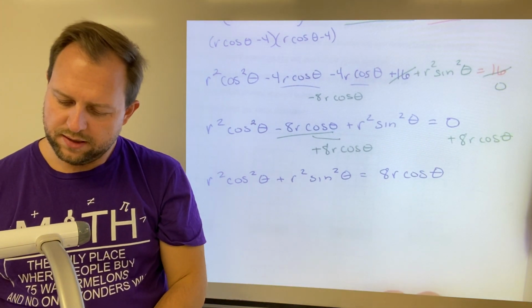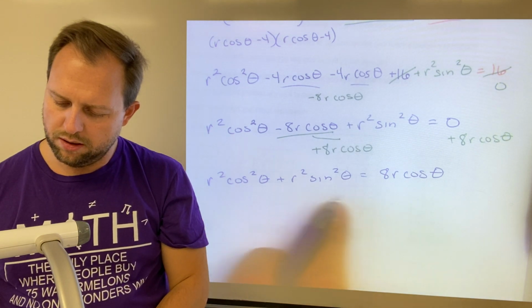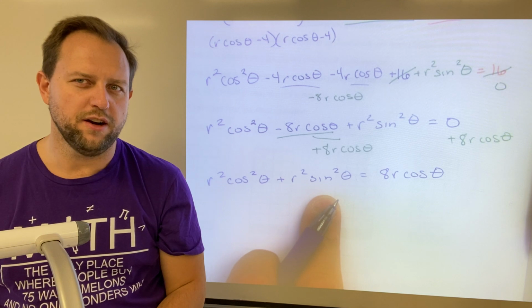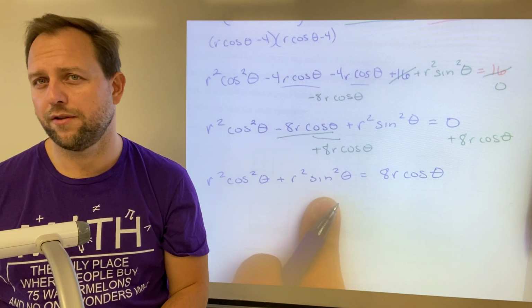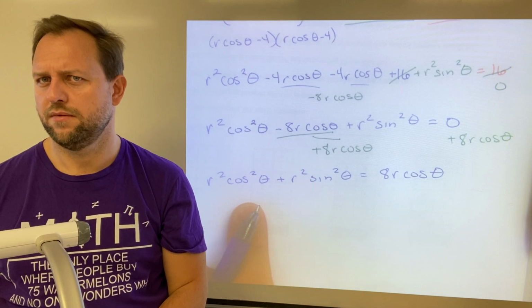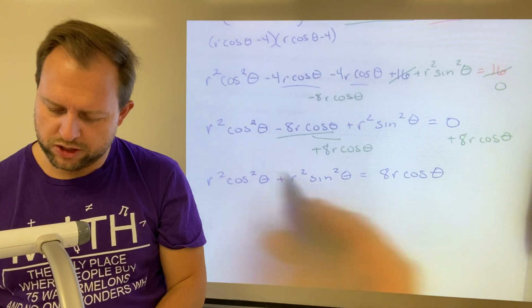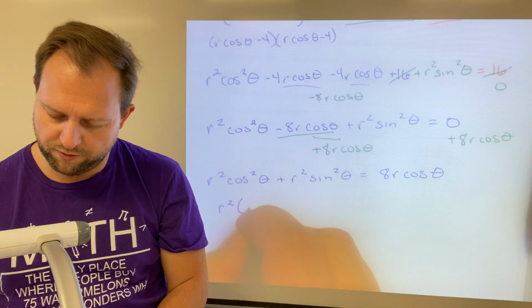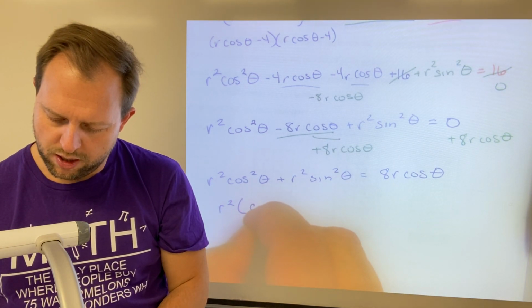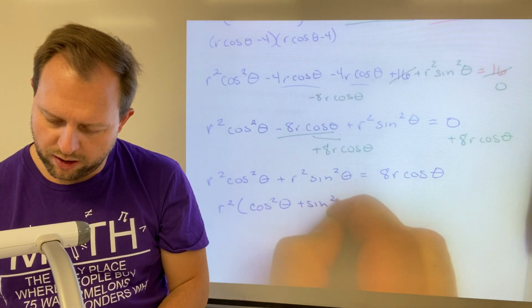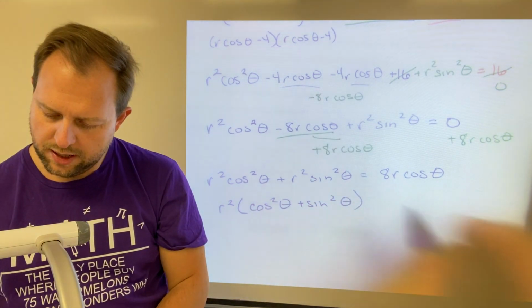Now that we have this brought together, we see that we have a cosine squared and a sine squared being added together. Well, we remember from trig, we can get rid of something that looks like that. But we gotta get rid of these r squareds. So if we factor the r squareds off the terms, we're left with cosine squared theta plus sine squared theta inside.